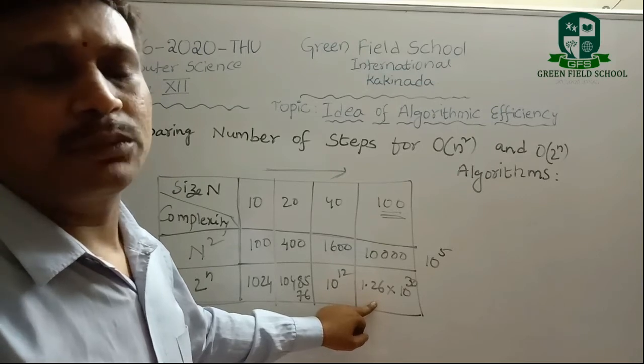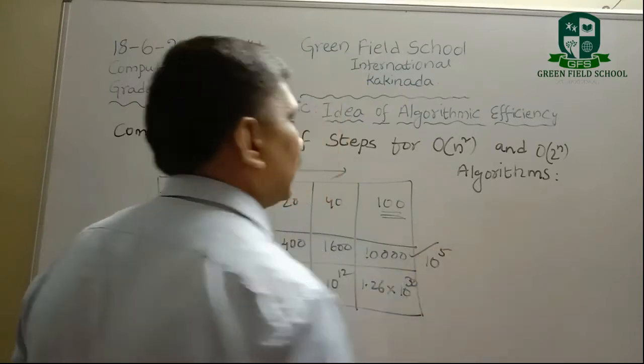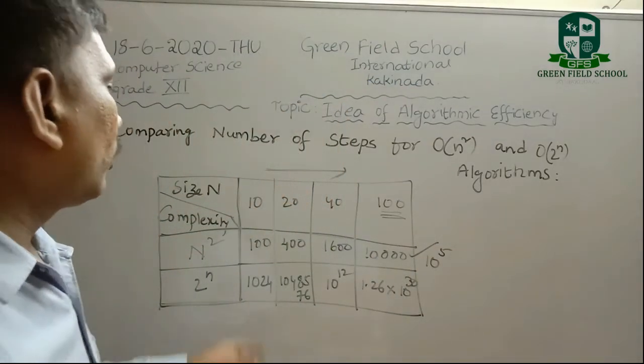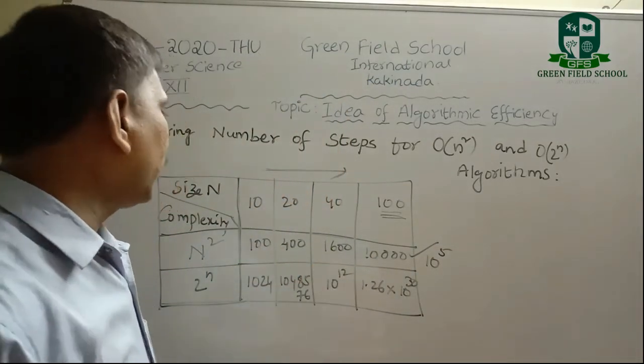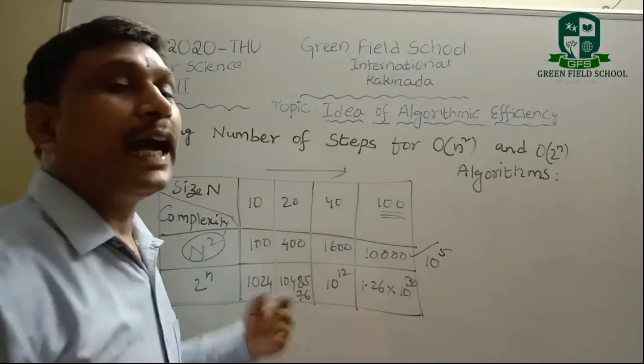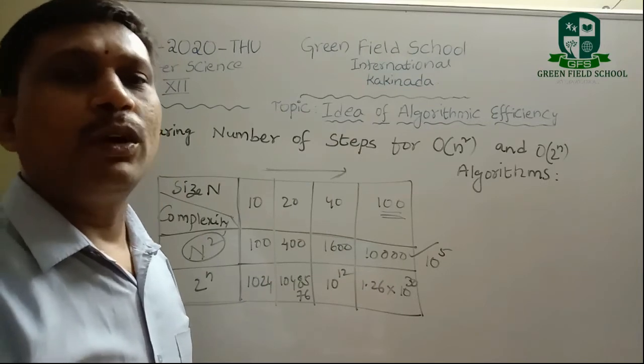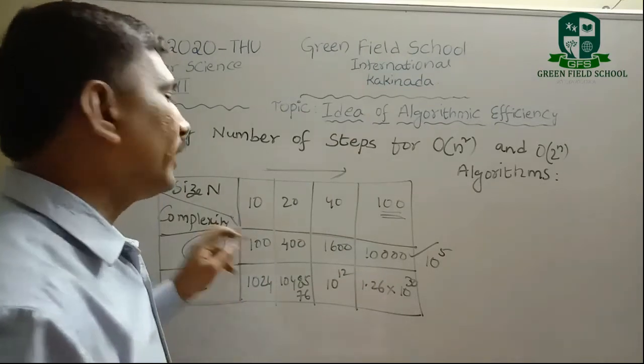So to execute this program, which one is the best one? This one is the least. So in all the cases, this one is the best. This problem can be solved with the smallest big O notation, that is n square.